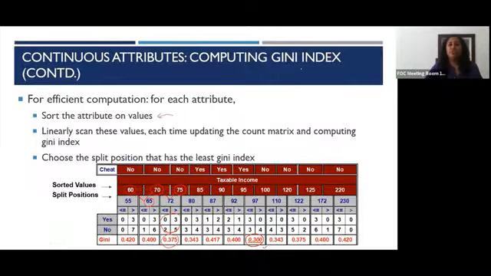Right, good. So you understood, right? Others, is it clear? You have to consider all possible ranges and find out the Gini index. That is why we call it a greedy, exhaustive method. Because you have to test everything and see where the splitting point is. Is that clear?